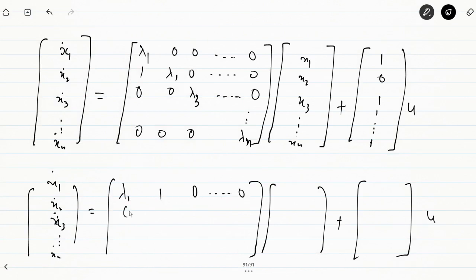Lambda 2 will be 0 times x1, lambda 2 is not there, it is lambda 1 only, 0, these are 0, lambda 3 up to 0, zeros up to lambda n. Okay. So this is a case of repeated roots.